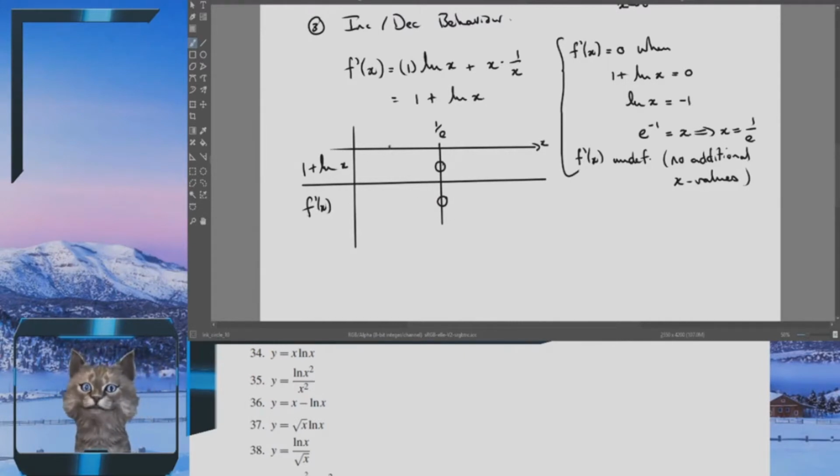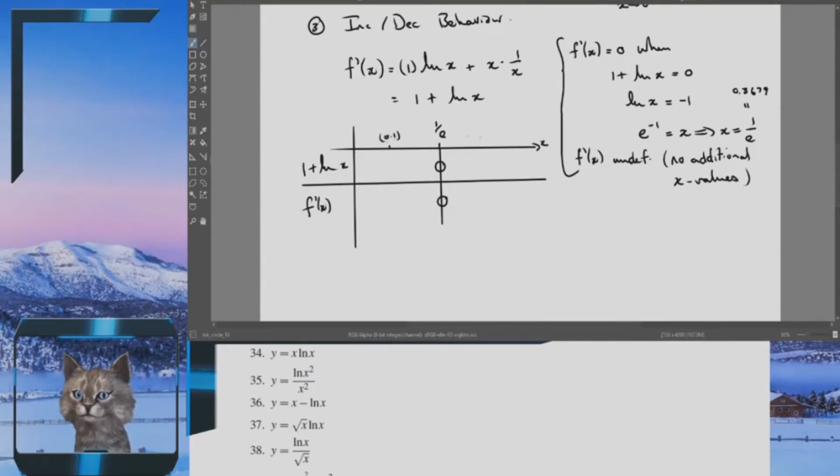Now you can plug in little representative numbers here. You can't plug in 0, but 1 over e, let's see, what is 1 over e in case you are curious. 1 divided by e is 0.36-ish. 0.3679.